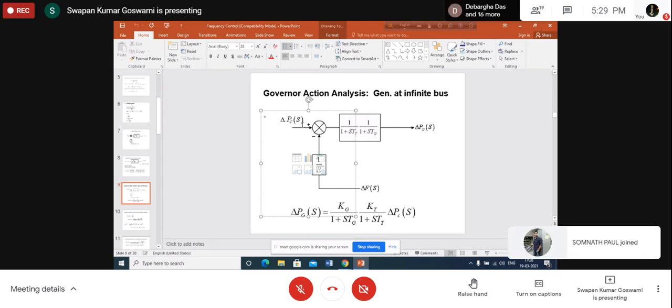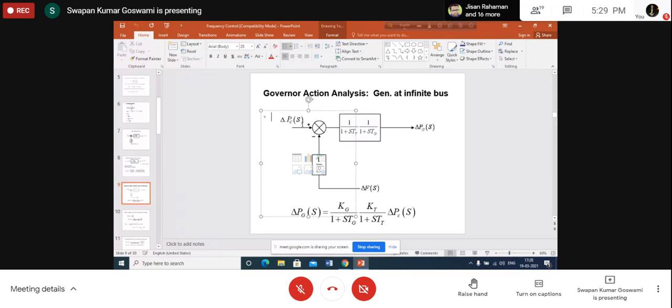Now, at this stage, before we represent generator and load, and the total power system, we shall investigate some of the operation of this turbine and generator together.